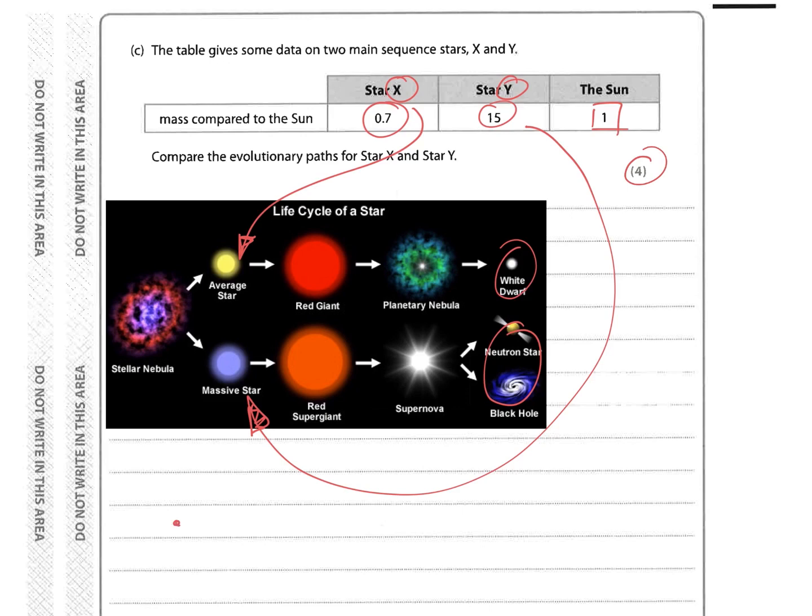We have star Y. It's going to burn brightly, and because it's burning brightly, it will use up its fuel more quickly, so it will be on the main sequence of its life for a shorter period.